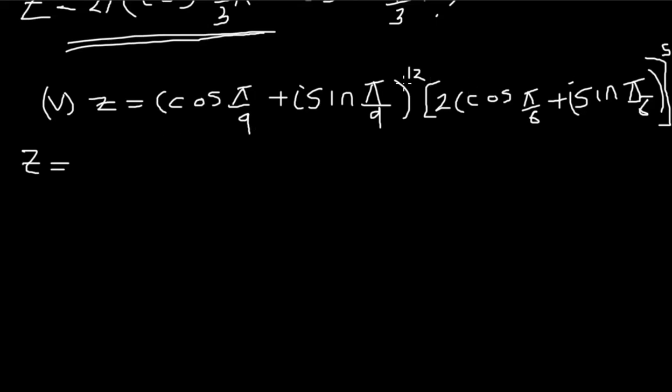So 12 times pi over 9, your answer will be cos 4 over 3 pi, then plus, you multiply 12 times this angle again, you get the same 4 over 3, so sine 4 over 3 pi.